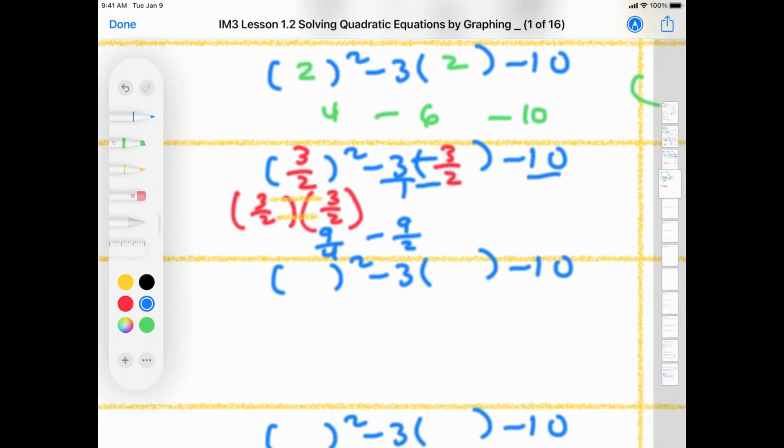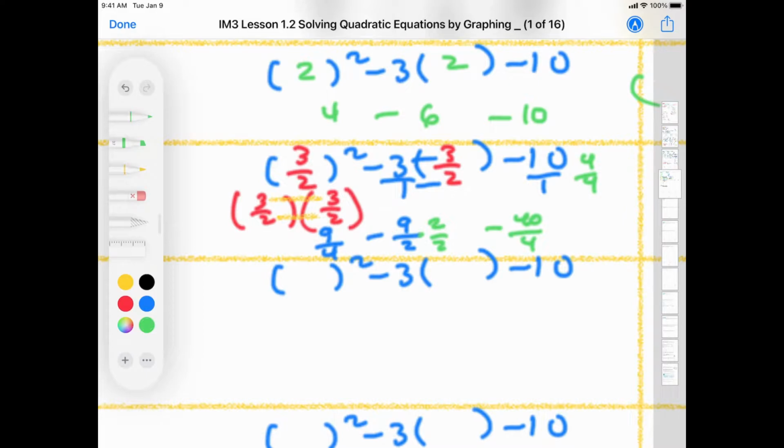Let's put this over 1. My lowest common denominator for 2 and 1 is 4. So, watch this. I'm just going to multiply this one by 4. This will give me -40 over 4. If I multiply this one by 2 over 2, this will give me negative 18 over 4.